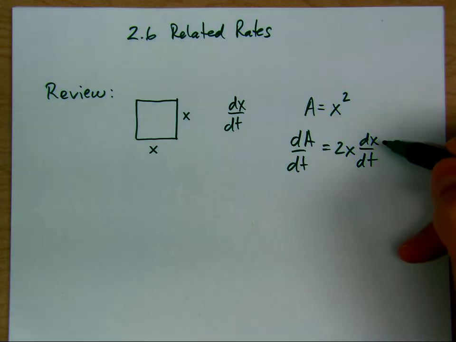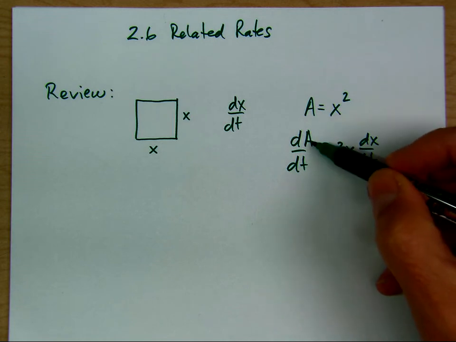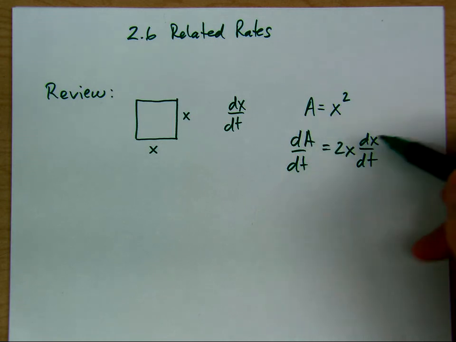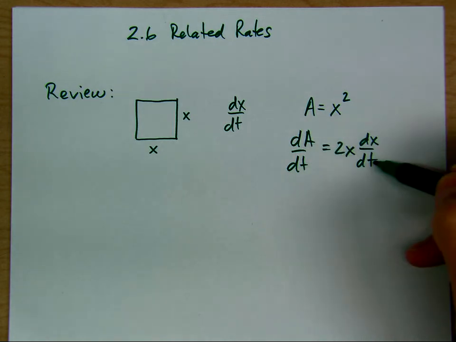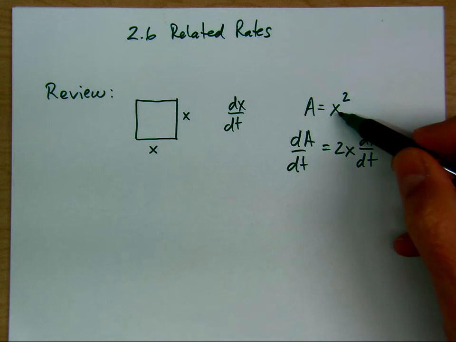We have to use dA/dt, the rate of change of A with respect to t, and dx/dt, the rate of change of x with respect to t. So in everything before this, we had x as a variable, now x is a function of time.